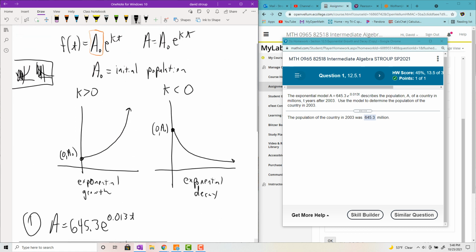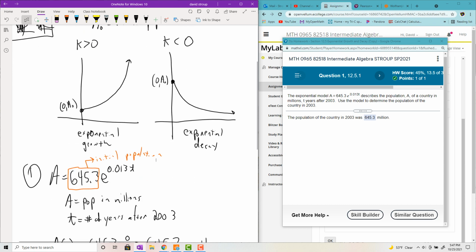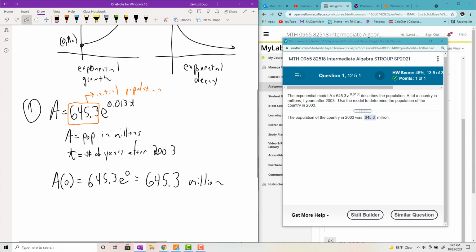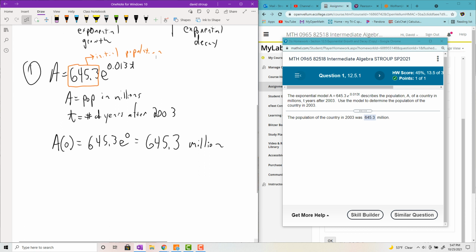A shortcut is to say that this is your initial population. If you look back at the formula when I first introduced it, a sub 0 is the initial population. But if you forget that, you can always substitute in 0 for t, and it'll tell you that a sub 0 anyway.